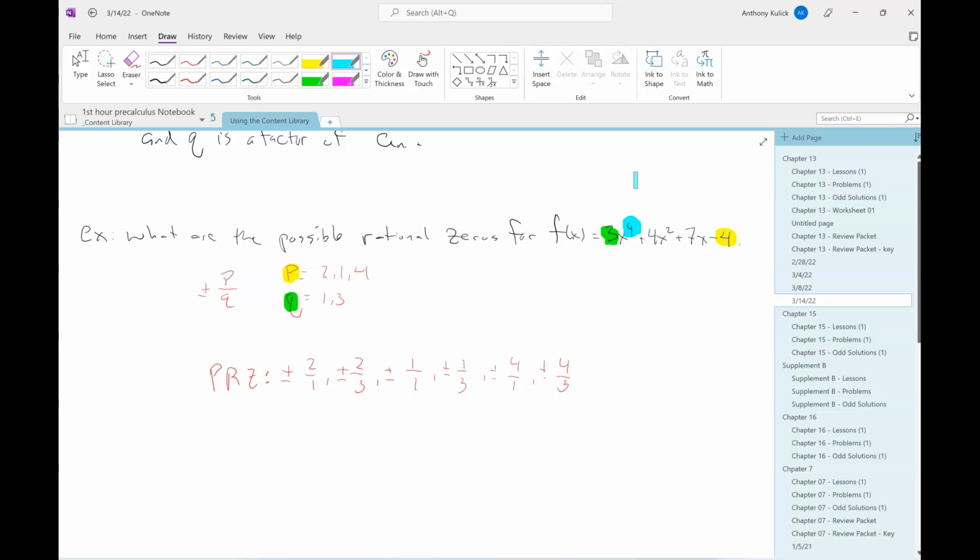But at minimum, how many could be zeros? 0, right? None of them need to work. We don't know if any of them are going to work right away, or even which ones from the list might work or might not work. Okay? How could we go about figuring out which ones might be good ones to try to see if any of them would work?